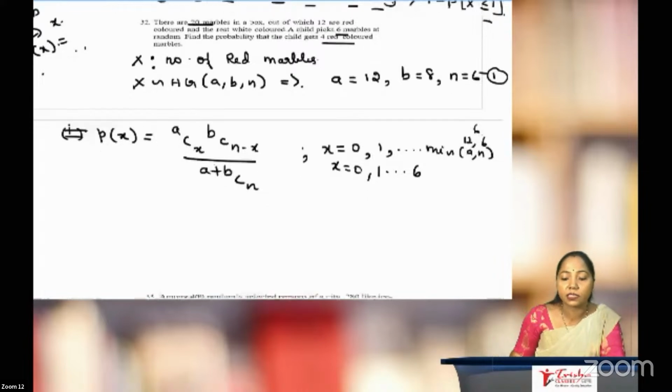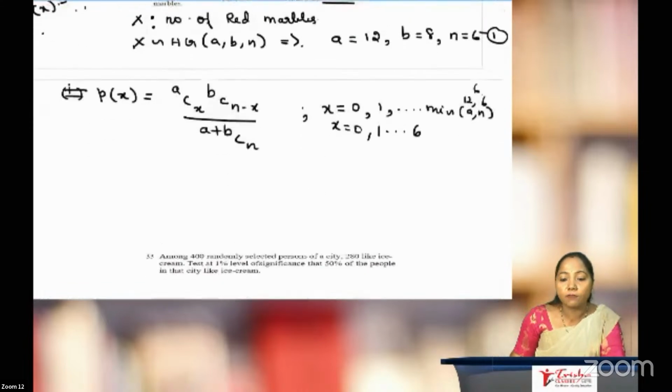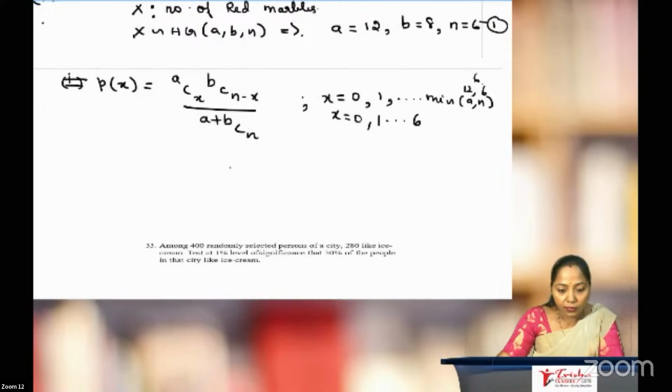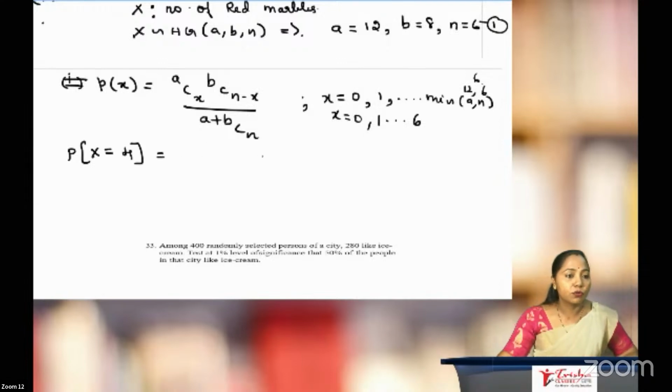Now, how many red marbles? 4 red marbles. So the probability that the number of red marbles X will be 4. See, most of the time, dear students, under hypergeometric distribution, they ask you to find the variance and mean, or expected number of something. Whenever it is expectation, what are we supposed to find?